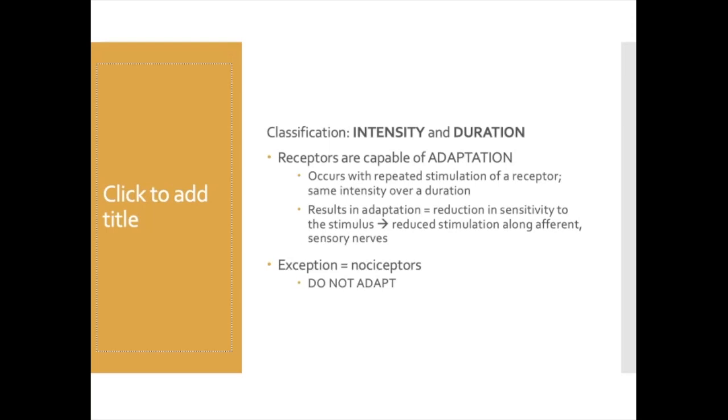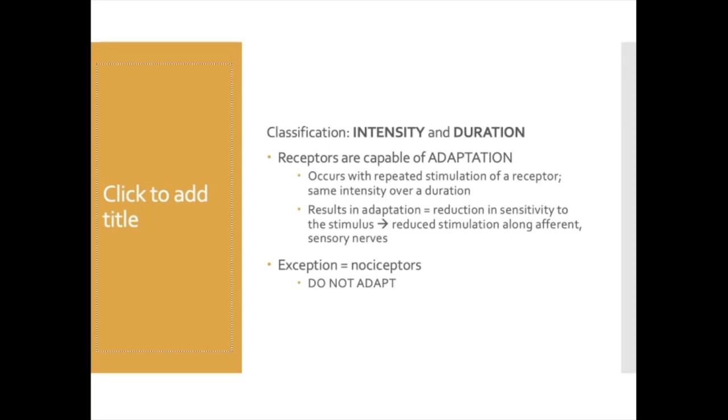Now, the reason I bring this up is because most receptors are capable of this process of adaptation. In other words, learning to sort of ignore repeated stimulation at the same level of intensity across a long duration of time. Most receptors can start to ignore that.